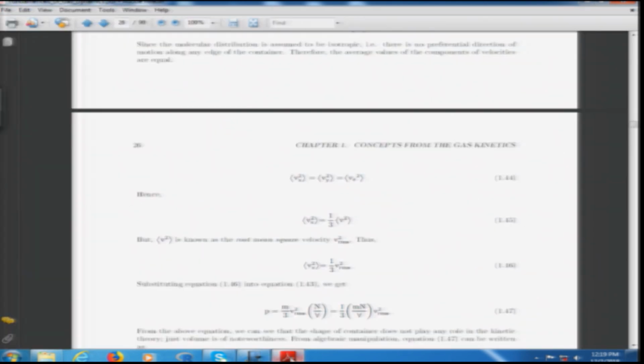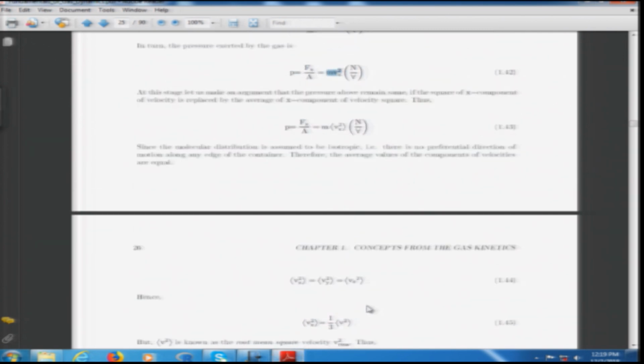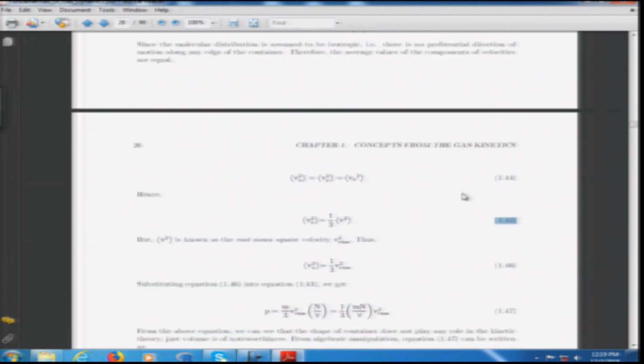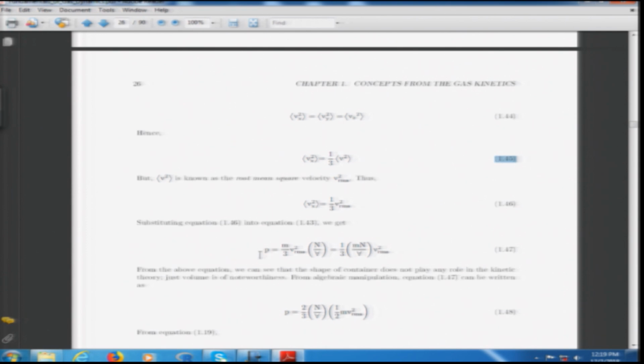Now, in such a situation, the pressure given by the equation we obtained here, 1.43, where m times the ensemble average of Vx square times n by V can be replaced using equation number 1.15, and hence we obtain P is equal to m by 3 Vrms square n by V. Taking the 1 by 3 out, we get 1 by 3 times mn by V Vrms square.